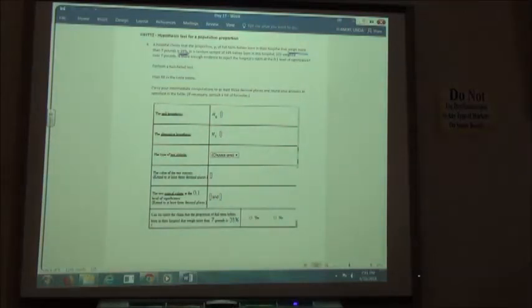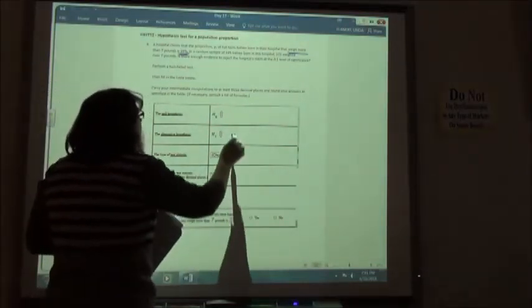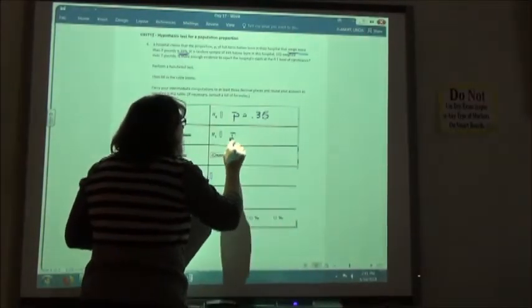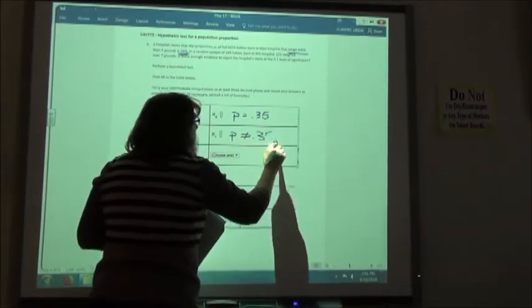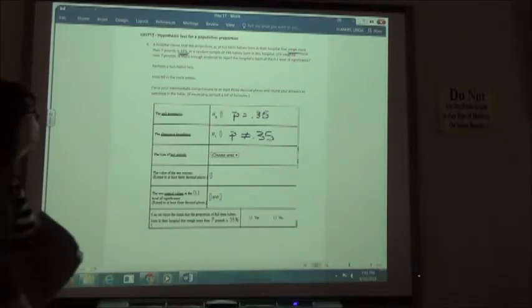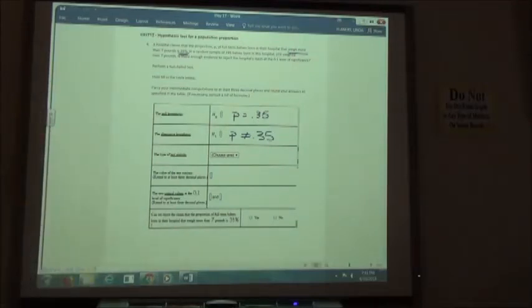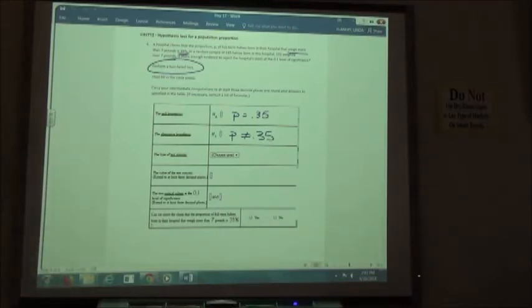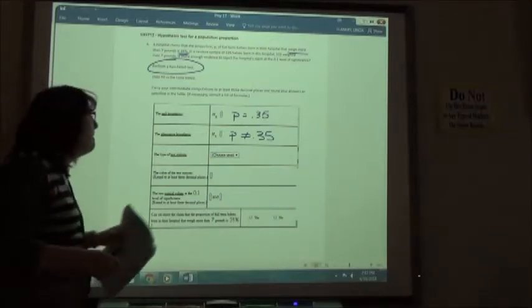So when we check this one, we're going to say, is P really equal to 0.35, or is P not equal to 0.35? I can tell when it asks if it's a two-tailed test instead of a one-tailed test that it should be the equal and the not equal. That'll give you a hint there, instead of being a greater than or a less than where you have the one-tailed test. Just a little hint in there.